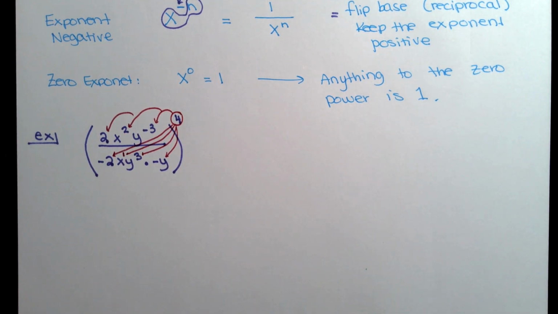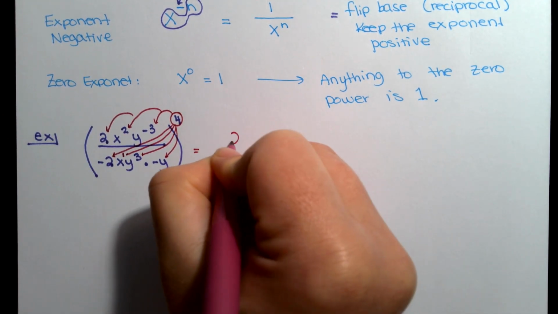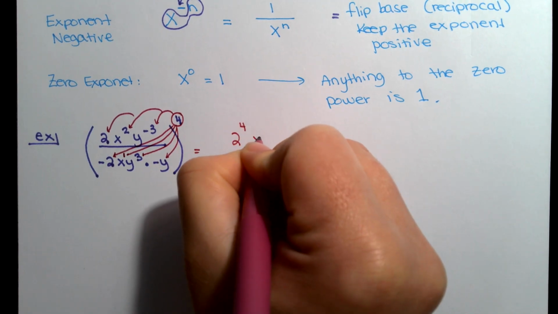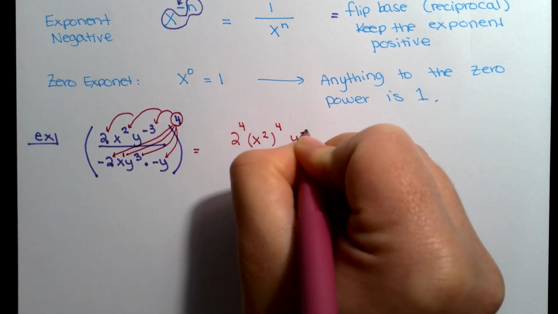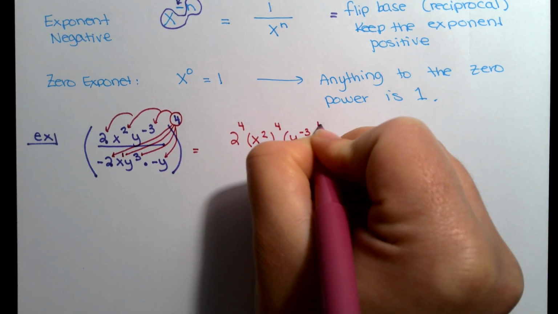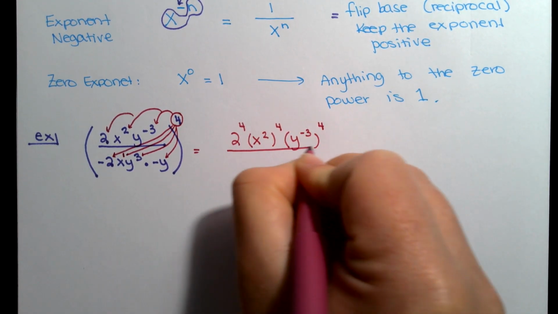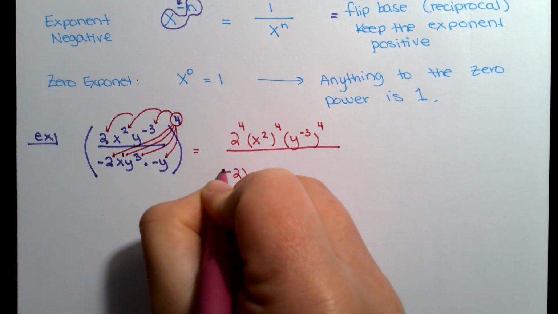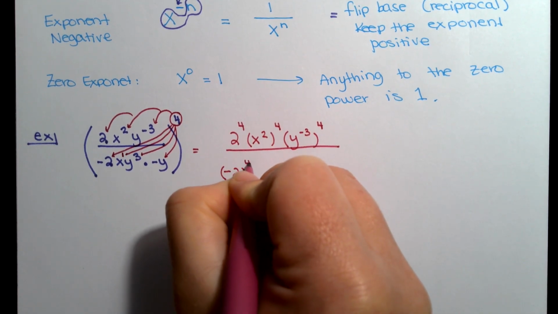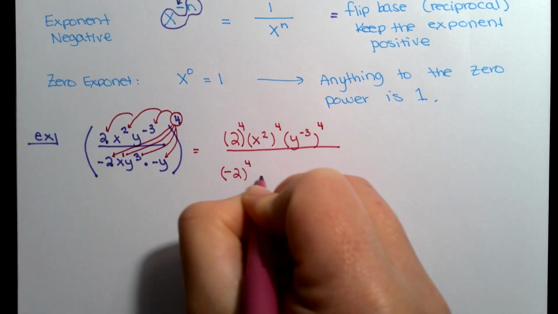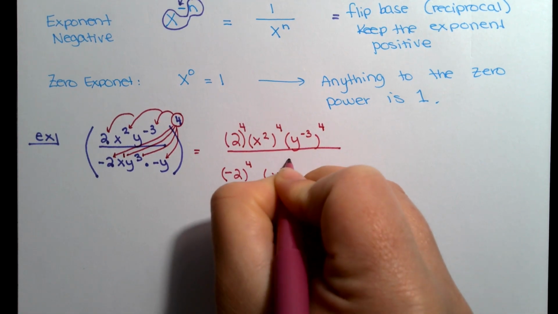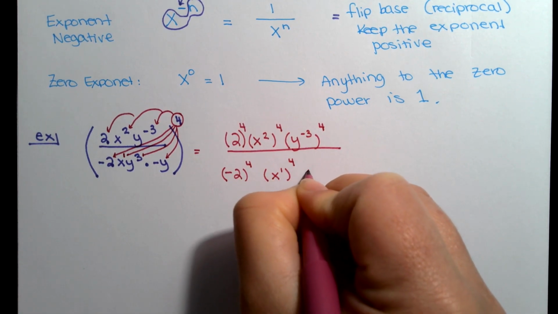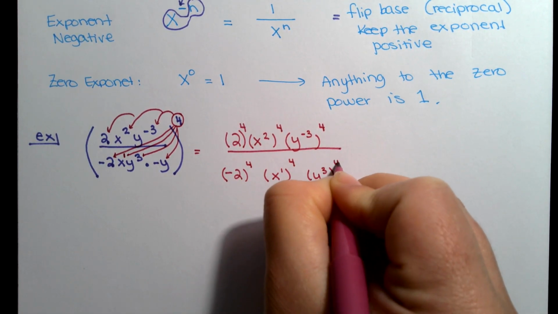So we got 2 to the power of 4, x squared to the power of 4, y to the power of negative 3 to the power of 4. We got negative 2. Let's put that in parentheses. That matters. To the power of 4. Let's put 2 in the parentheses as well. X to the first power to the power of 4. Y cubed to the power of 4.